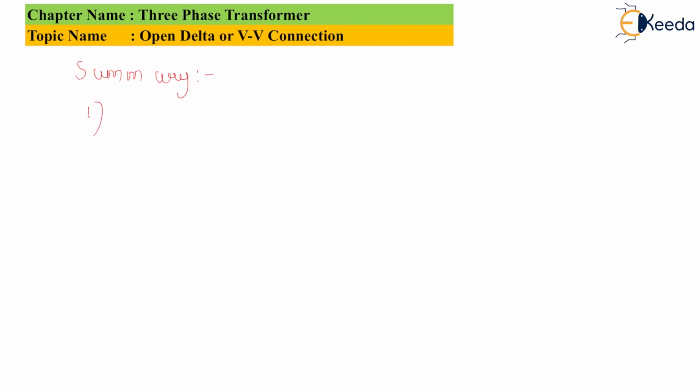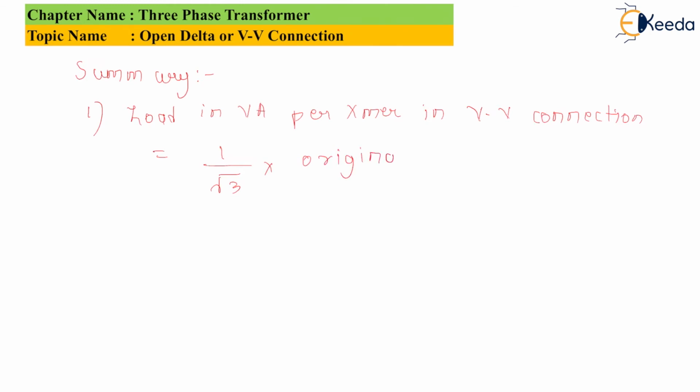The first point is, let us consider the load in VA per transformer in open delta bank. Load in VA per transformer in open delta connection is equal to 1 by root 3 times the original load in delta delta connection.